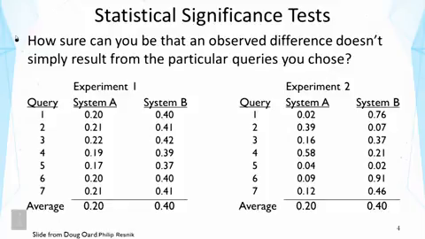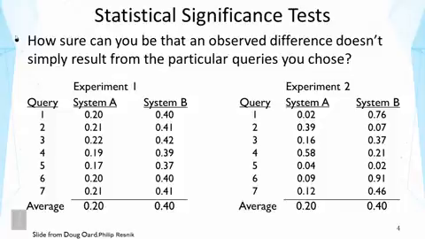So we're going to talk about a couple of issues here. One is the statistical significance test, and this also is the reason why we have to use a lot of queries. And the question here is, how sure can you be that an observed difference doesn't simply result from the particular queries you choose? So here are some sample results of average precision for system A and system B in two different experiments.